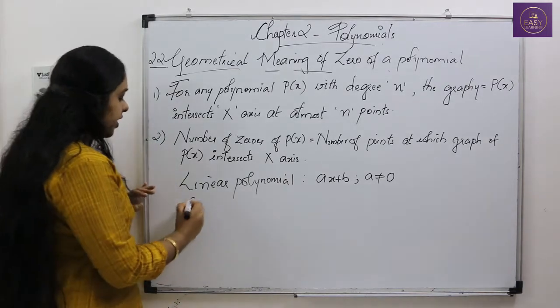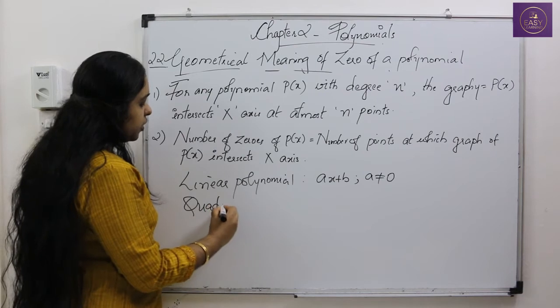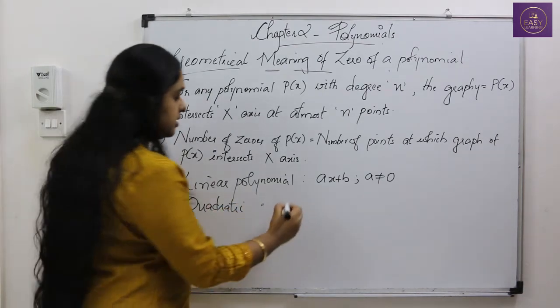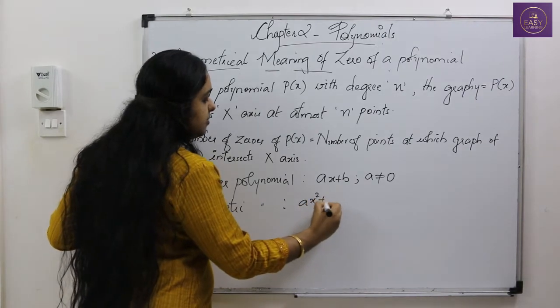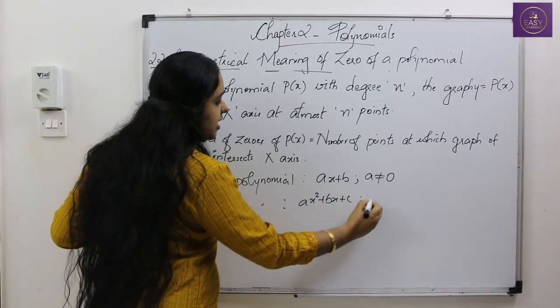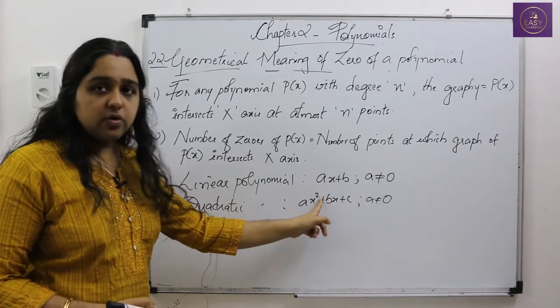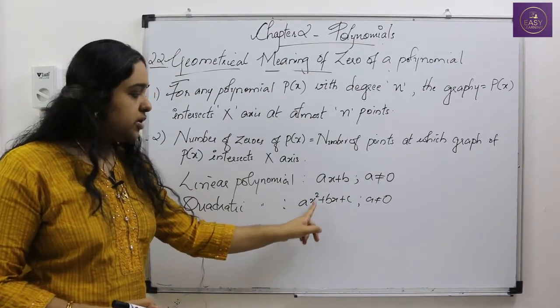Think about a quadratic polynomial. We know that a quadratic polynomial is ax square plus bx plus c, where a is not equal to 0. The degree is 2, because the highest exponent of x is 2.